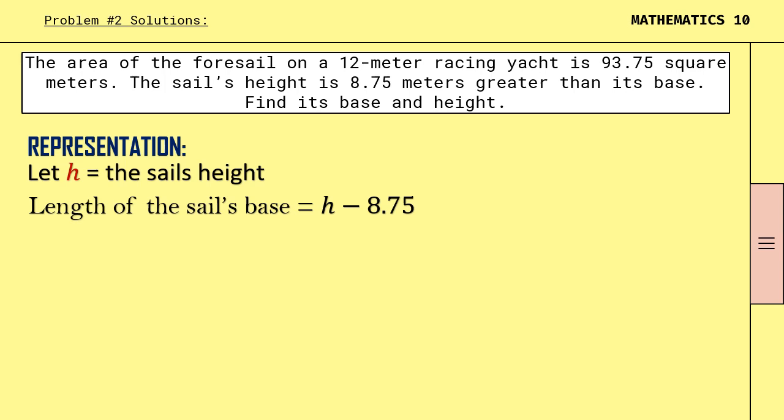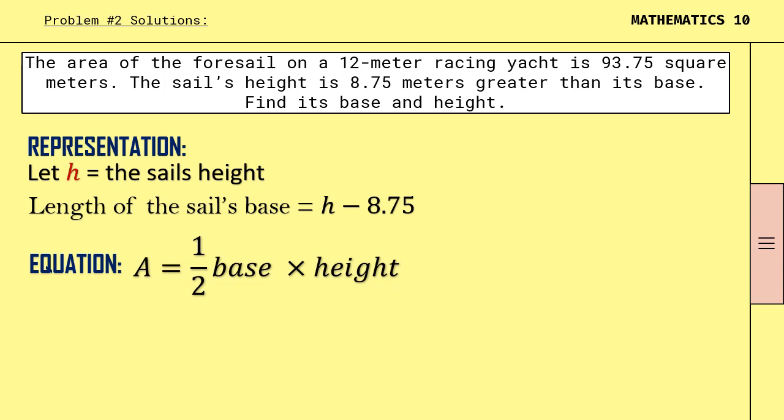And after that, we proceed to our equation. Area is equal to 1/2 base times height. Substitute our representations into our formula. It is stated here that the area of the foresail on a 12-meter racing yacht is 93.75 square meters. It's already given.